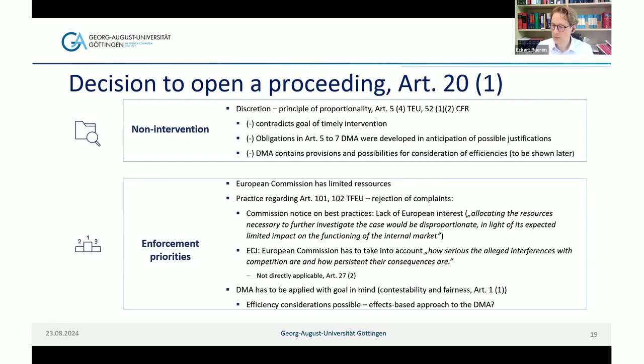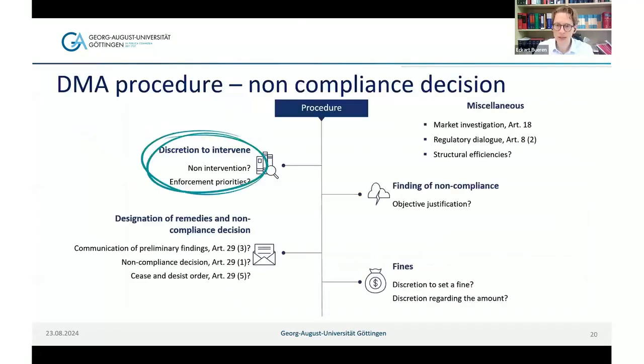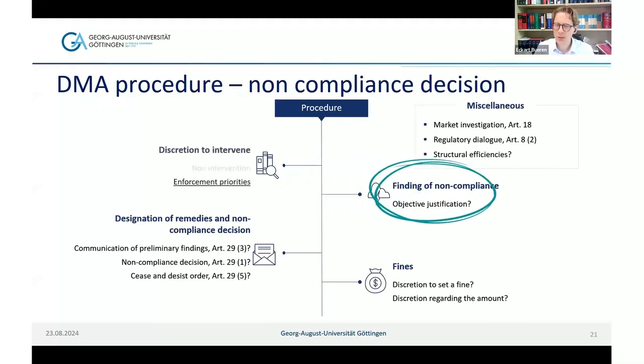Second point, and we go now on in our proceedings, is the Commission allowed to find non-compliance based on an argument of efficiencies? By the way, just to explain my slides here, you see now where there's discretion to intervene. In light gray, it's non-intervention. So light gray means we don't think efficiencies can come into play here.